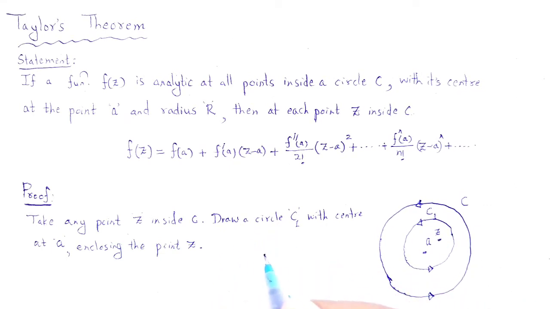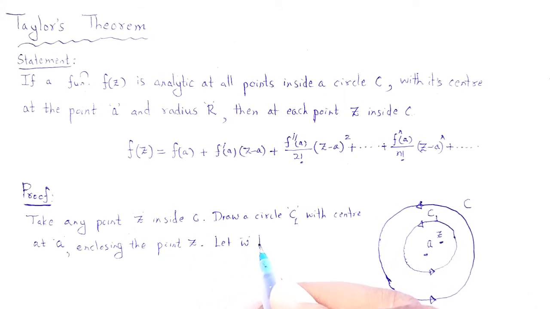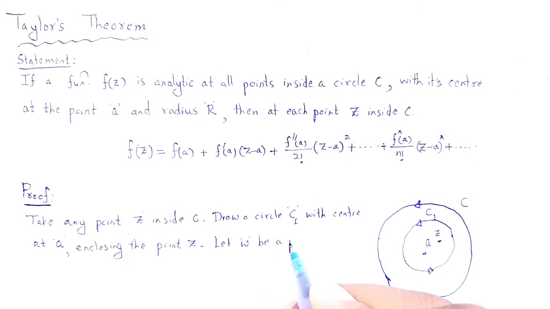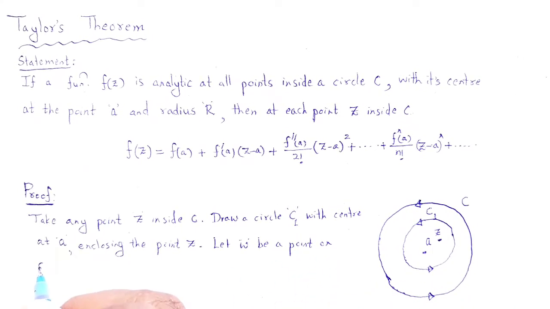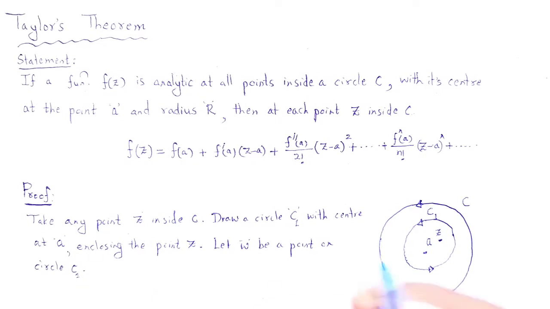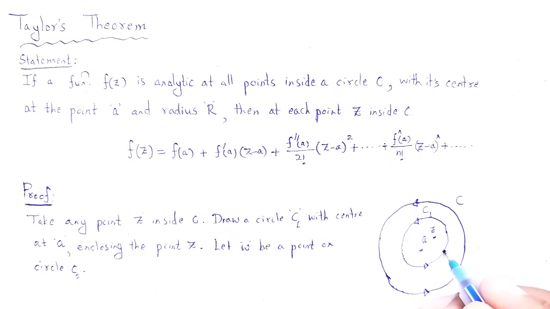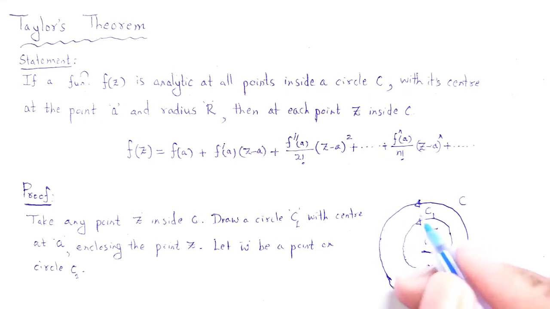Let W be another point on the drawn circle C1. W is a point on the drawn circle C1.